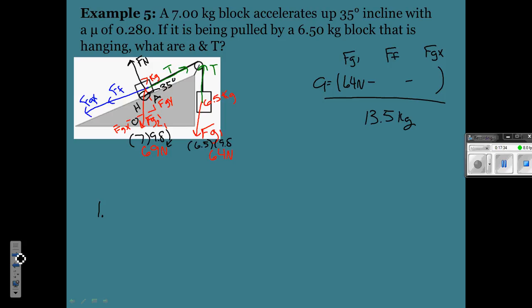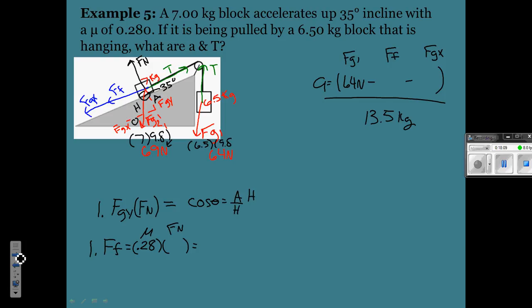So to find my F of gy, which is also going to be my F of n, remember, because I've got to find my F of f, which is going to be my mu, which they gave me as 0.28 times my F of n. I've got to use cosine of the angle equals the adjacent over the hypotenuse.